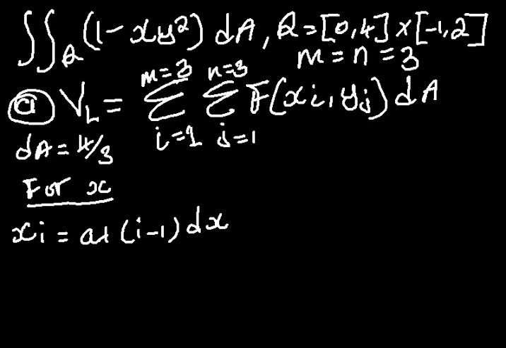That is the formula, where a is the lower value in the interval along x, and i is the index variable for x, and dx is the value we had as 4/3.